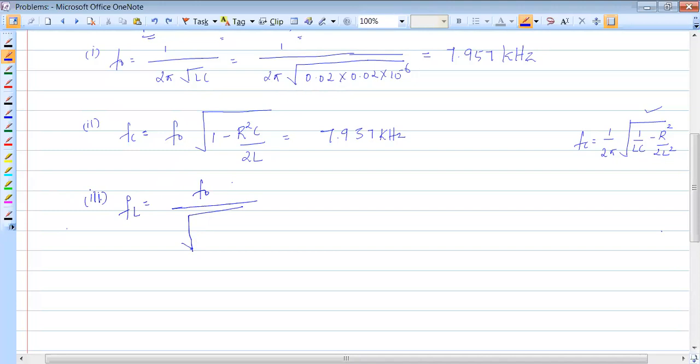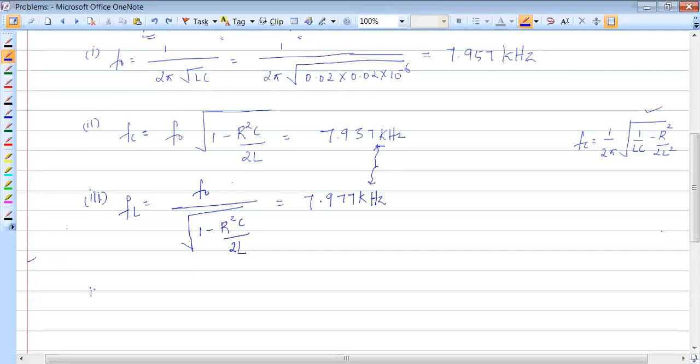So that's 1 minus R squared C by 2L, and that happens to be 7.977 kilohertz. The difference is very minimal. The difference between these two is minimum.